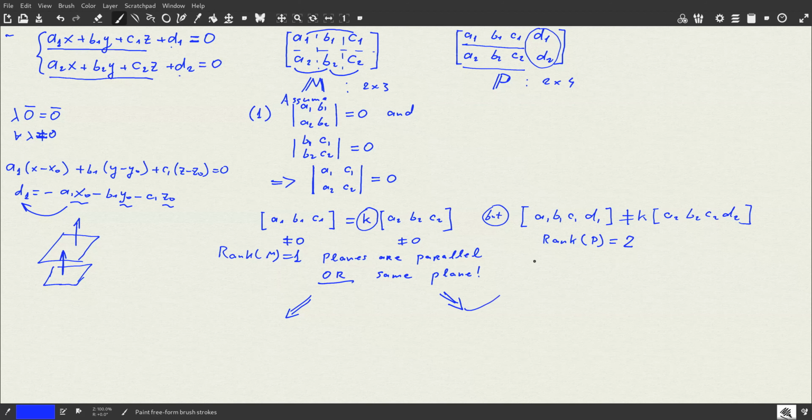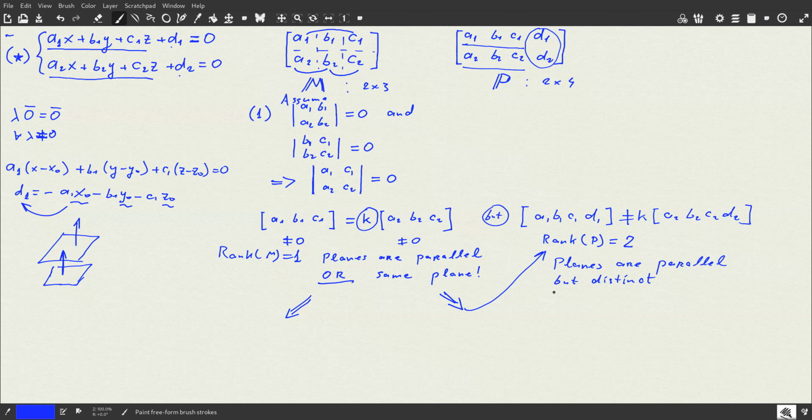So in these situations, planes are parallel but distinct. In this case, our system of equations, which I denote by star, well, what about intersections in that case? There are no intersections.